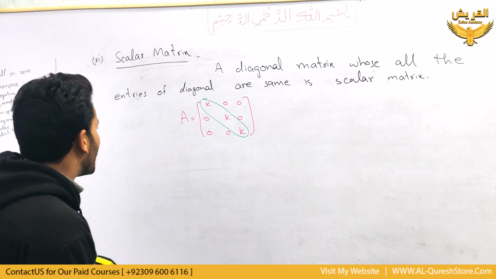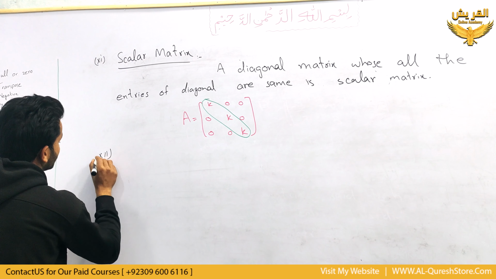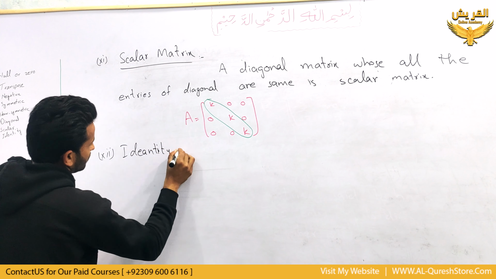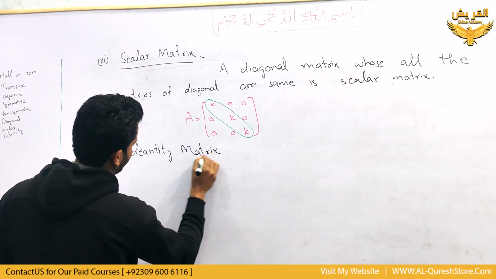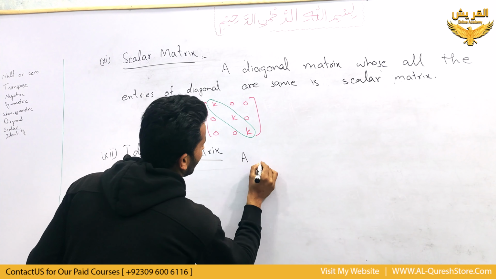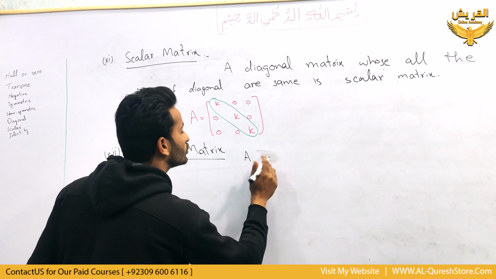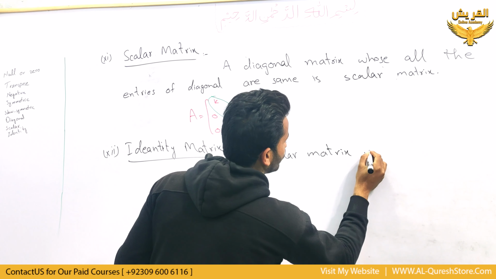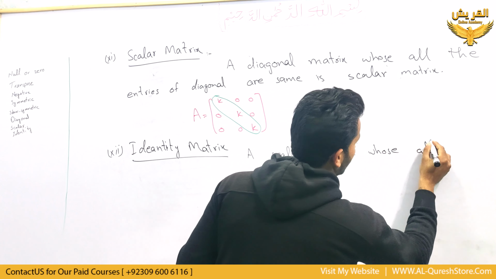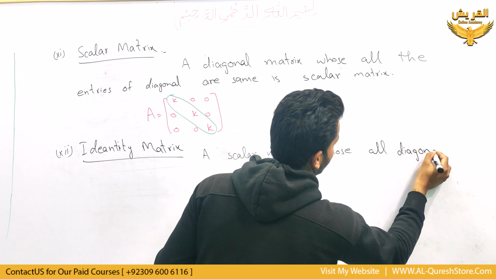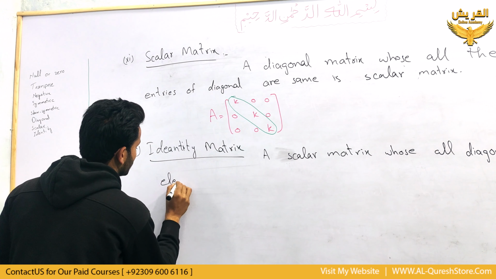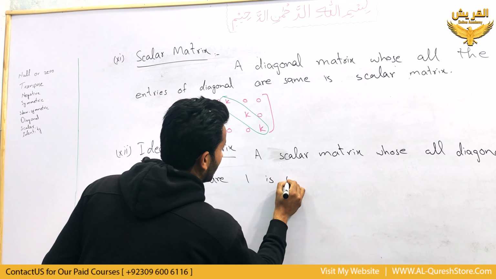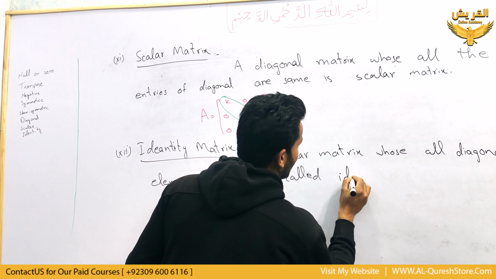The next type of matrix, the last one, is the identity matrix. A diagonal matrix or a scalar matrix whose diagonal elements are all 1 is called an identity matrix.